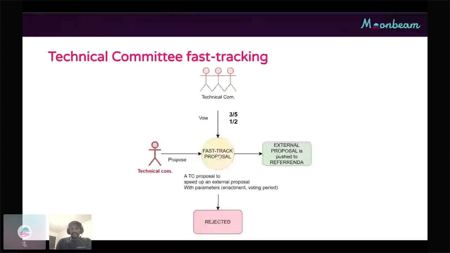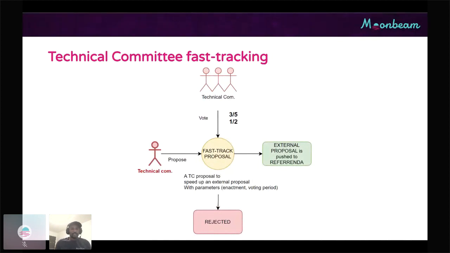So if this one is approved, then this external proposal will be pushed to become a referendum and have those specific parameters overridden. So this is only done in case of emergency, if there is something that is very important to be deployed. Otherwise, the process is to do it within 2 weeks.